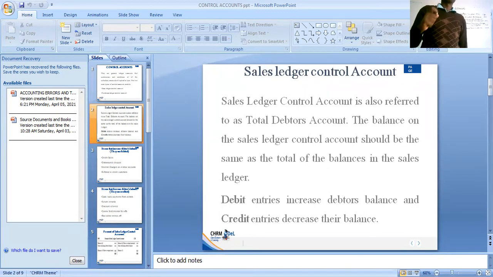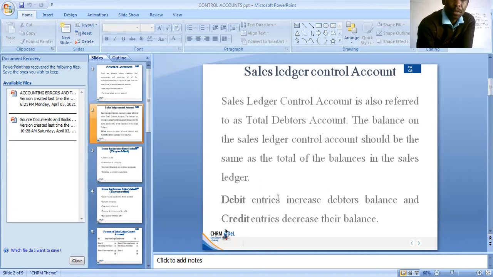The three of them combined give us a balance of that figure. So the balance we get here is the same as the balance of all the ledger accounts combined.